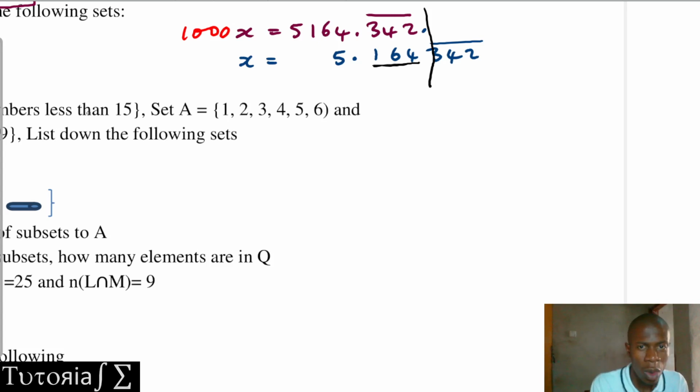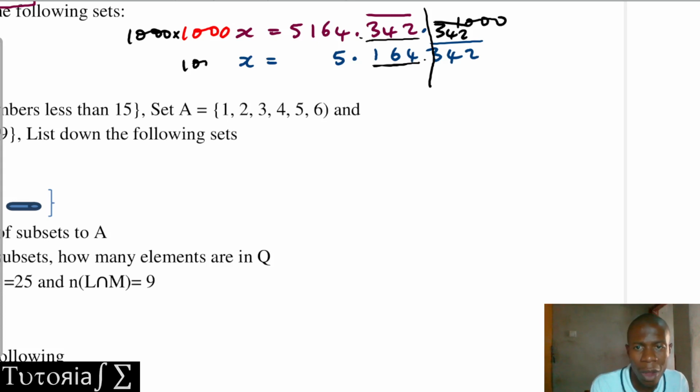What can we do to move it? Again, we need to multiply by 1000 on top, and on this side also by 1000, so that the repeating pattern, the 342, starts again here. We need to multiply by 1000 as well so that the number goes down there.